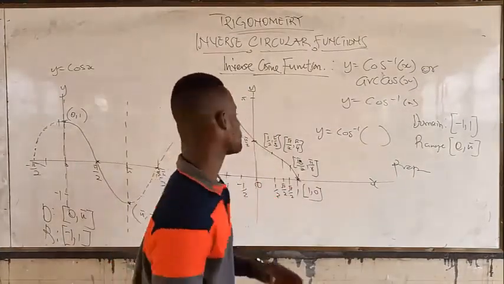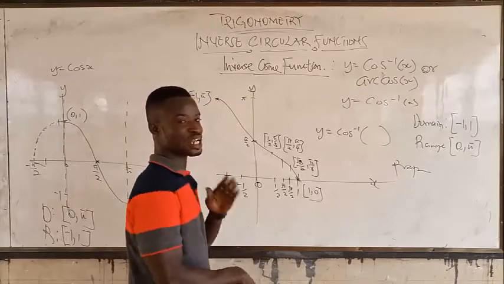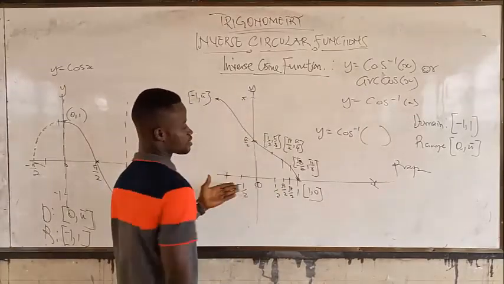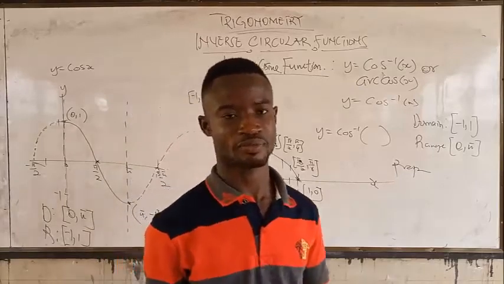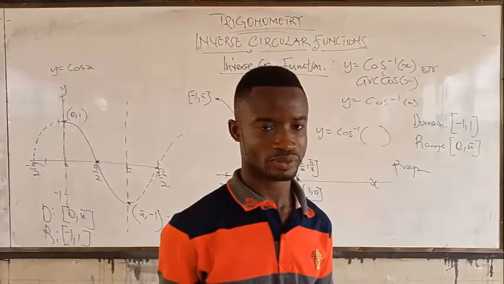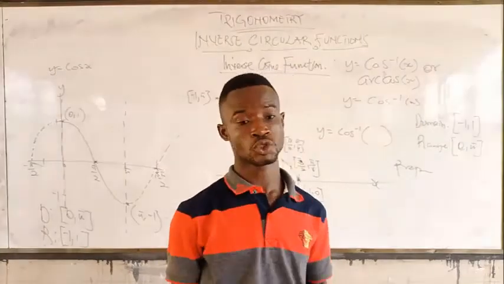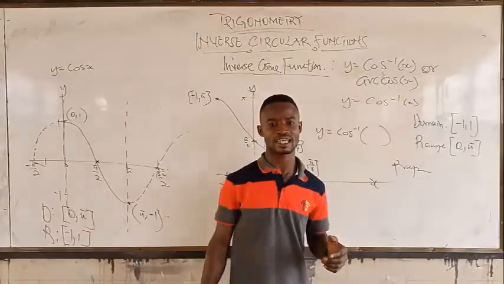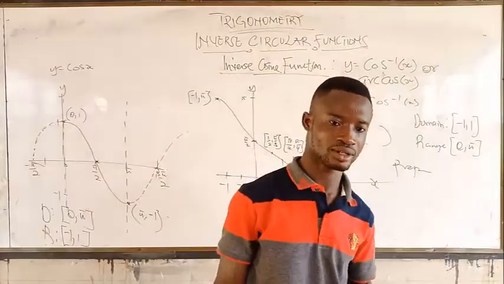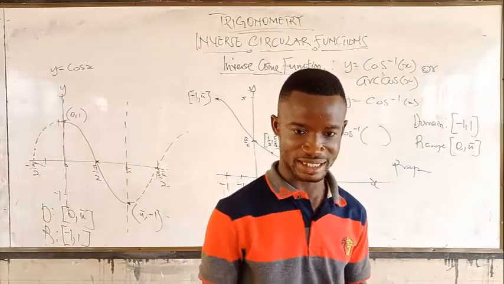Alright, but for the sine, it was like this. So that is increasing, but this is decreasing. Are you done with it? 2. Its x-intercept is 1, and its y-intercept.